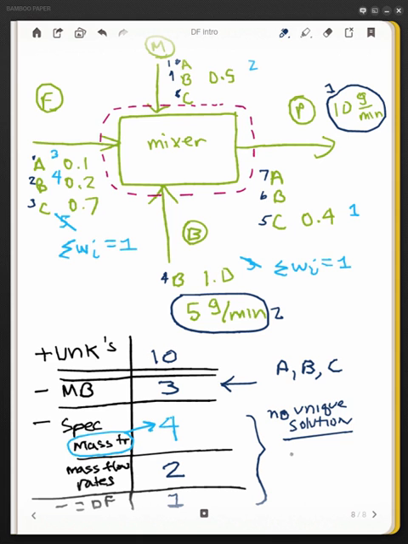So for example, suppose we found out that the mass flow rate of F is equal to 1 gram per minute, then that would bring the degree of freedom to 0, and there would be one unique solution at that point. So I'm going to leave it to you to prove that to yourself by actually trying to solve that problem. I think that would be the best way to really learn this.